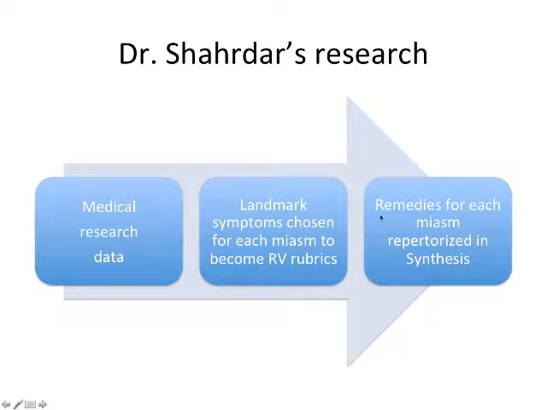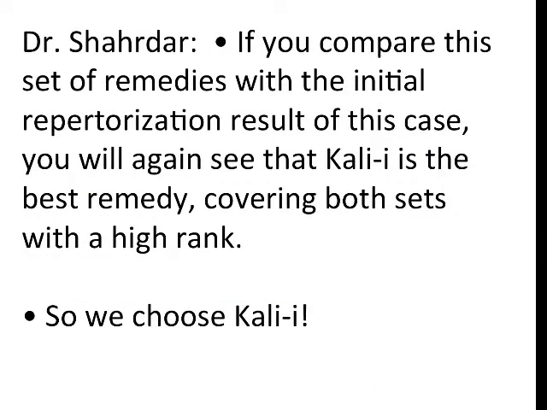And then Dr. Shahrdar repertorized remedies for each miasm, and he found out which remedies are most common for that set of symptoms. He's already chosen symptoms, and so rubrics. He's already made rubrics, and then he sees which rubrics are the most common. So he repertorized it using synthesis.